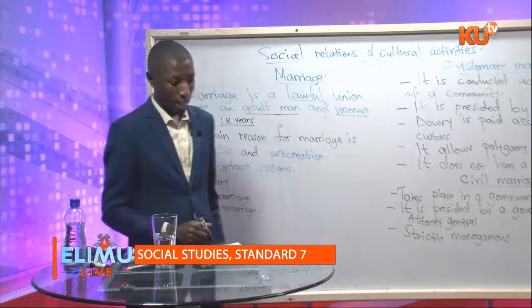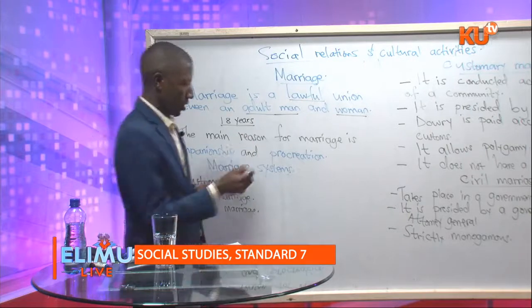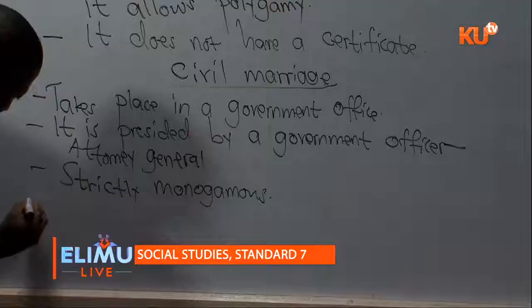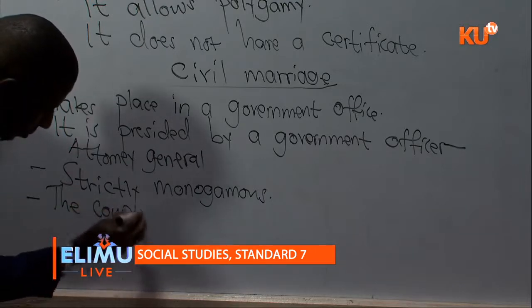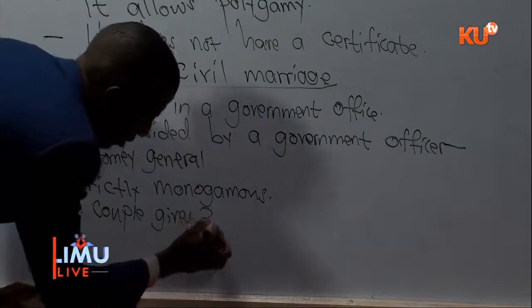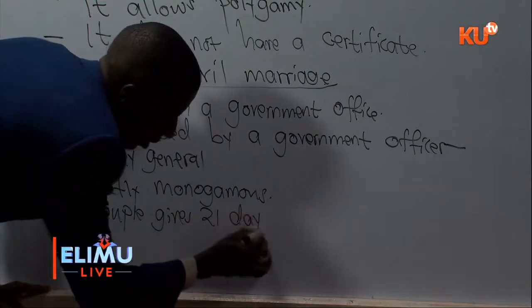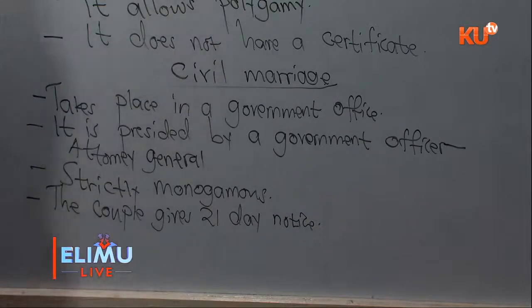Then the couple gives 21-day notice. You must give a notice that you are going to get married, and 21 days means 3 weeks.